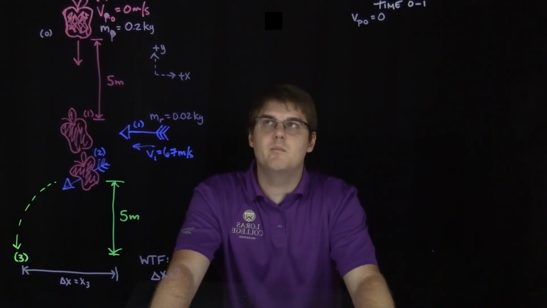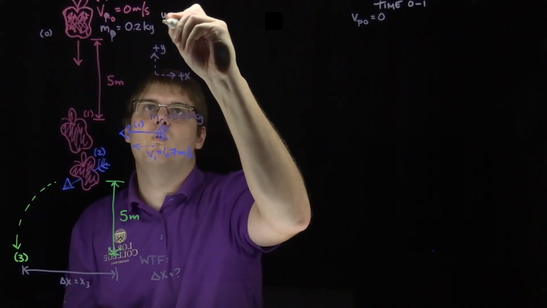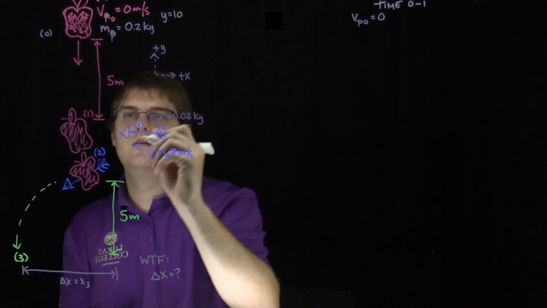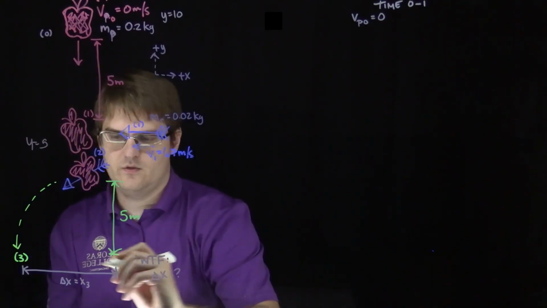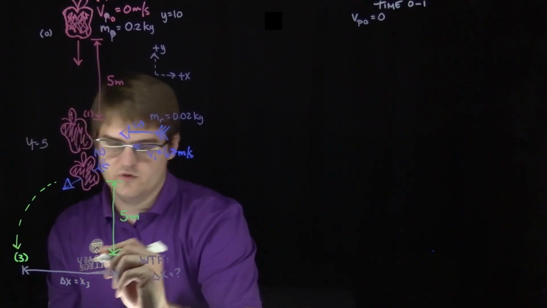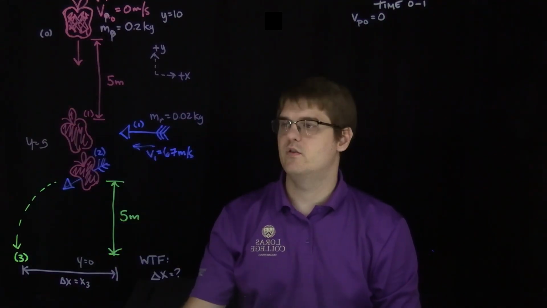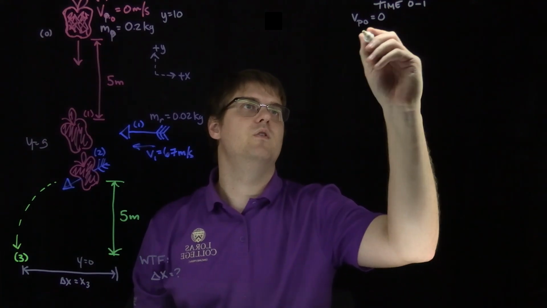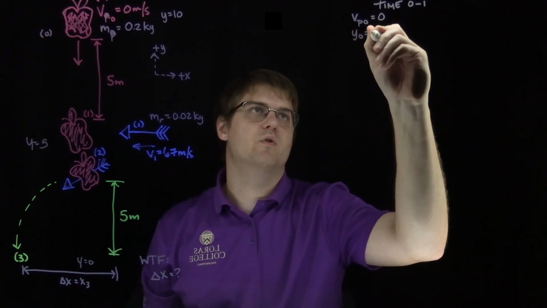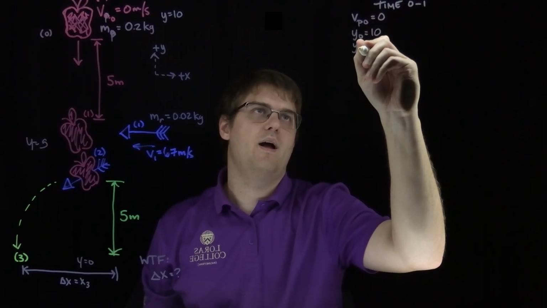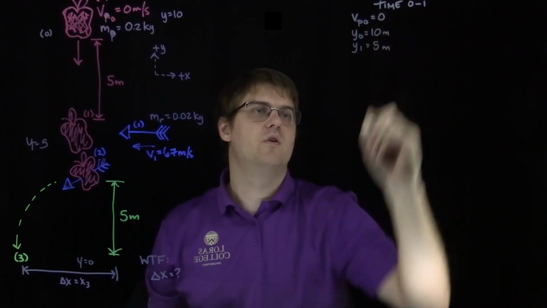So my initial position, let's say that this is y equals 10. This will be y equals 5, and this will be y equals 0. So this is 10 meters up, 5 meters up, 0 meters up. So between 0 and 1, y at 0 is equal to 10, y at 1 is equal to 5, both in meters.